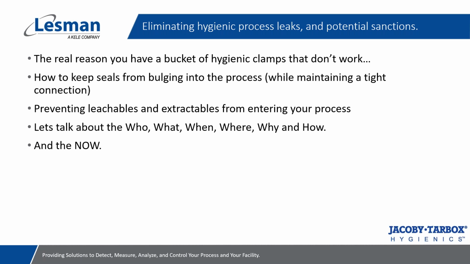We also talk about seal bulging, because that seems to be an ongoing problem within the industry, where seals are wearing much faster than anticipated, and also preventing leachables and extractables from entering your process. That's more on the observation equipment side of things, but we're going to talk about the who, the what, the when, the where, the why, and the how, and then hopefully the now, as to how we can take some type of corrective action to solve some of these problems.